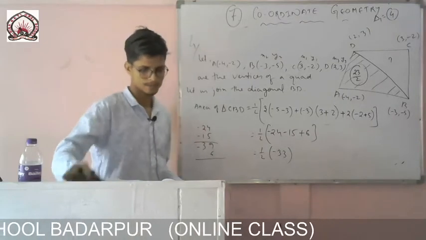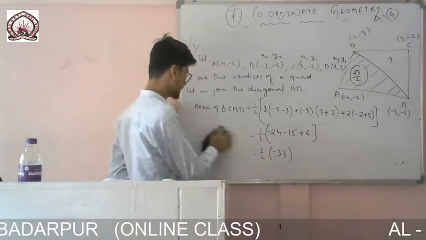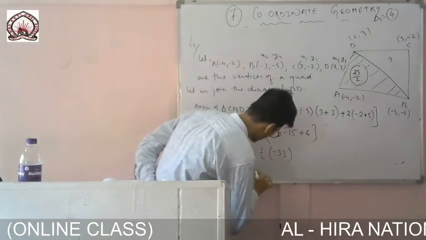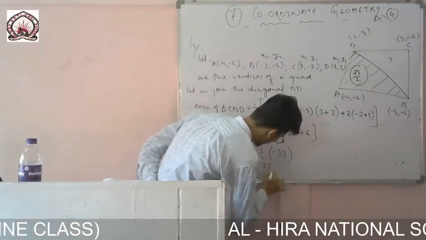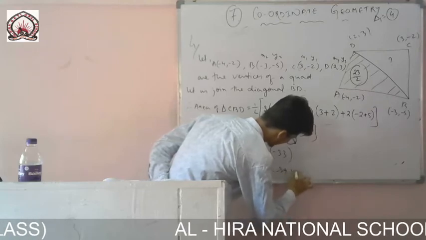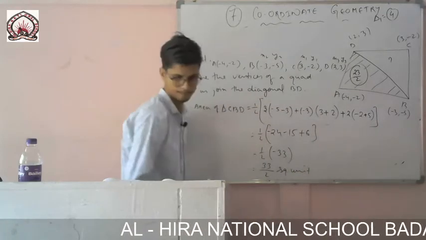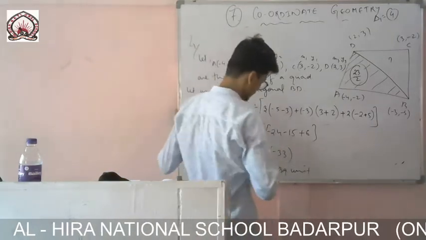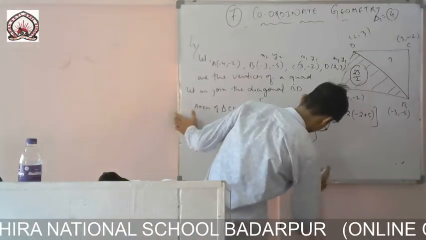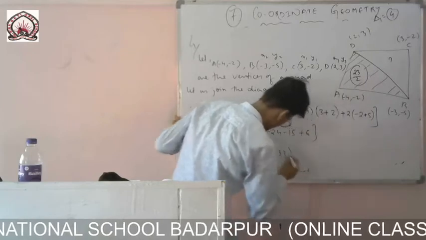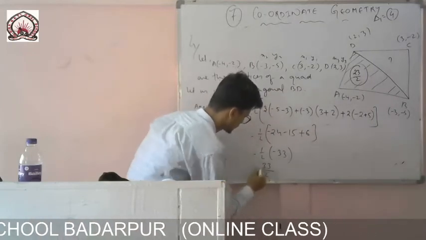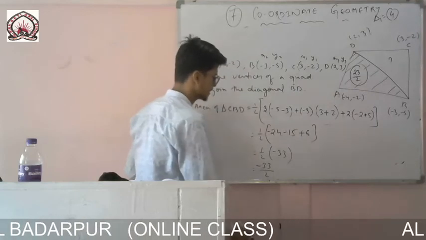So now you see what I have said earlier, that area can never be negative. So I will neglect this and I will write it equals 33 by 2 square unit. Well, it's better you write first, and then I will write it by giving plus. So let it be minus 33 by 2.